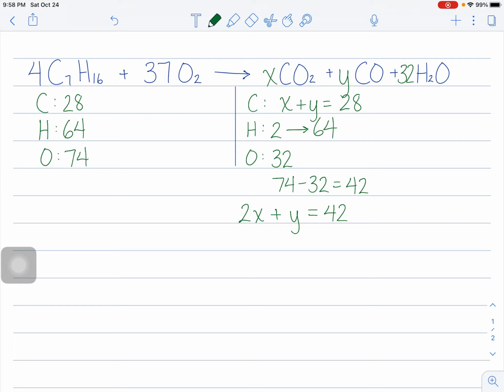So I have 2 relationships set up here. My coefficients, X and Y, need to add to 28, and twice X plus 1Y needs to add to 42. So elimination is going to be the quickest and easiest method here to solve for my unknowns.